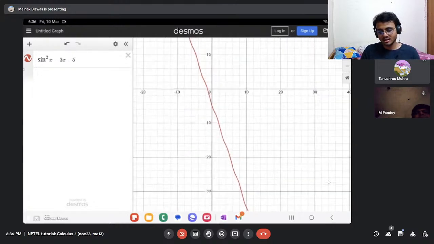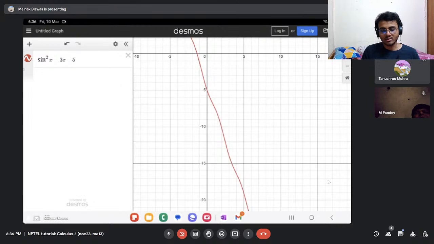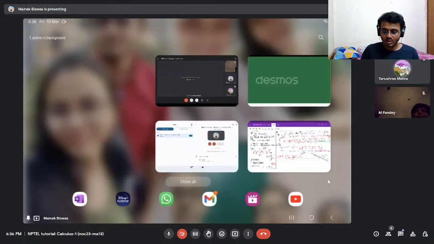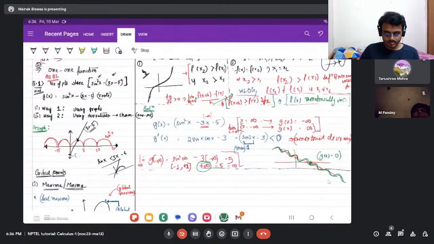There are these curves that go up and down, but you are more or less having a line, so your derivatives can give you the idea of how the function will look. The slope will be around -3 somewhere, and the intercept will be something around -5. So it's something like this.